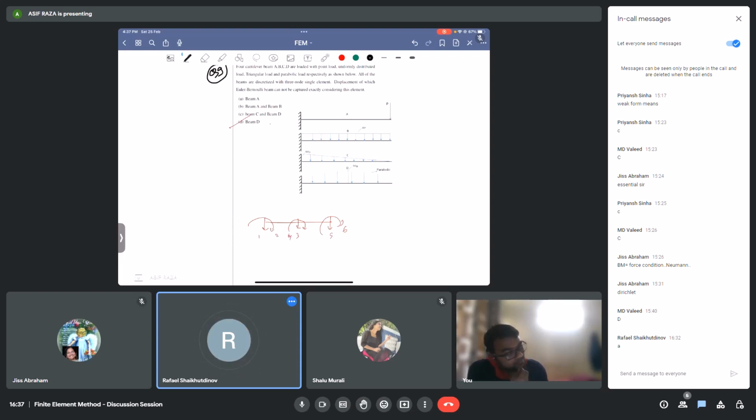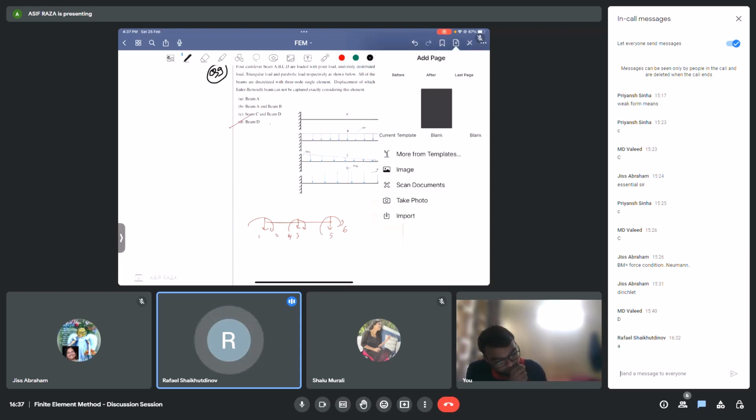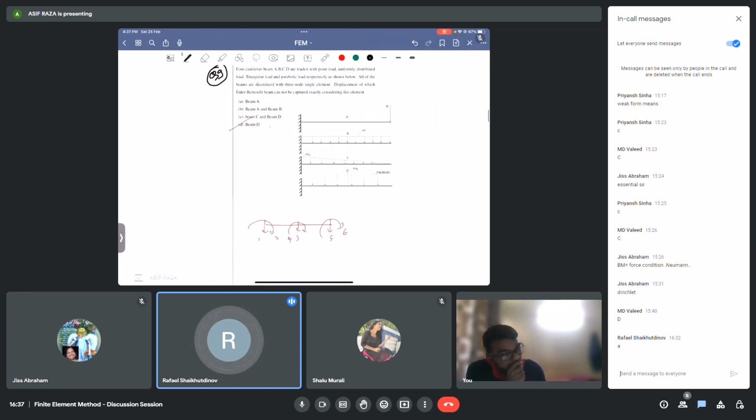So if we consider a parabola, it is a polynomial of degree 2. Integrating 4 times a polynomial with degree 2 gives us the same degree of freedom as we consider in the Hermite element. So, for instance, for this polynomial x squared plus bx plus c, if we integrate 4 times, the degree of this polynomial will be.